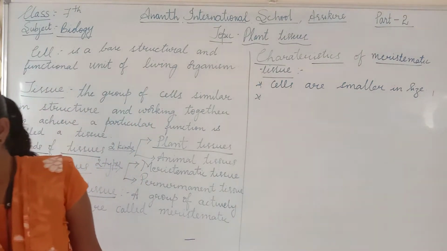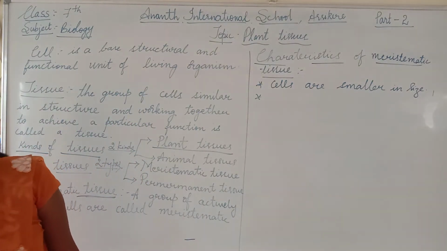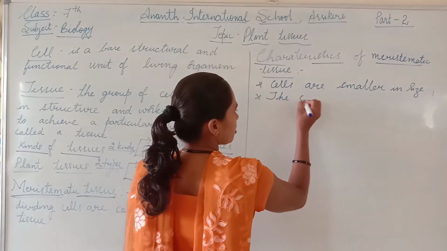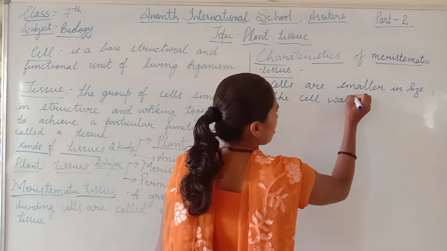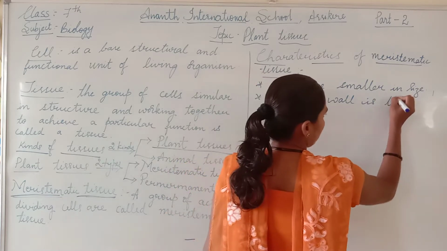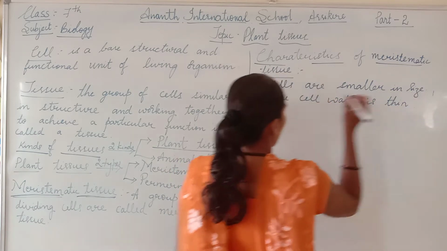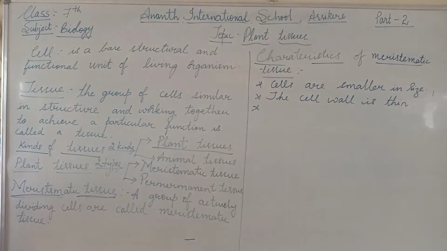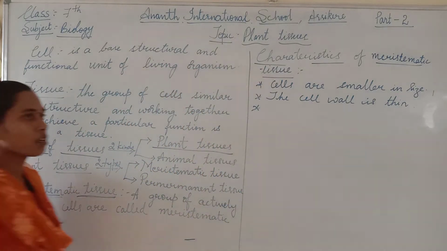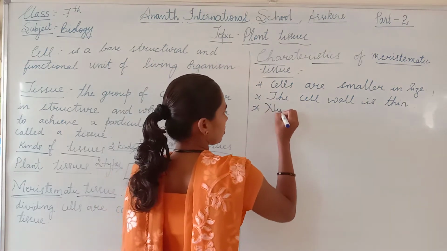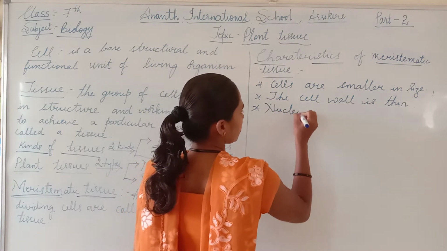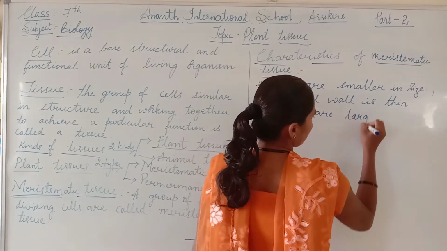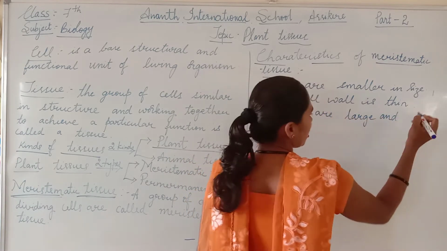Then the second characteristic of meristematic tissue is the cell wall is thin. And the third characteristic of meristematic tissue is that nuclei are large and important.